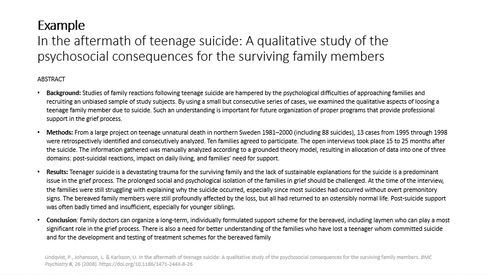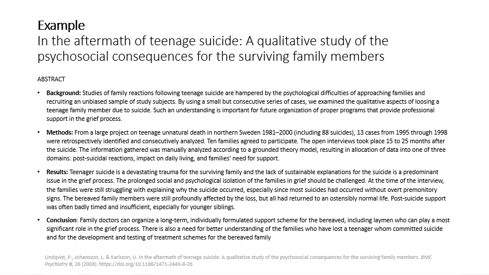And so how did they study this? Well, there had been a project on teenage unnatural death in Sweden, and there were 88 suicides among those deaths. They identified 13 cases from 1995 to 98, and everything they did was retrospective. People were looking back, and 10 families agreed to participate.